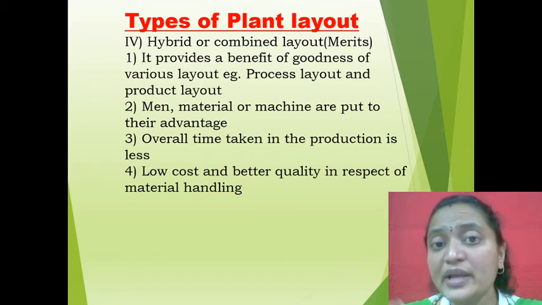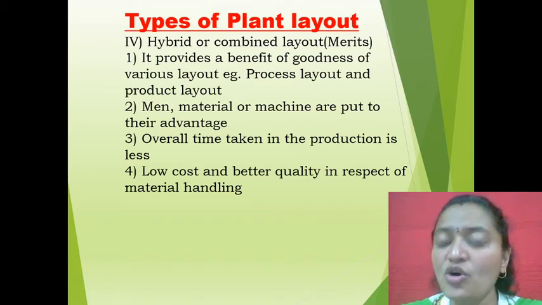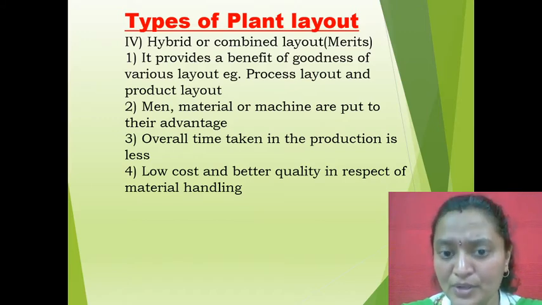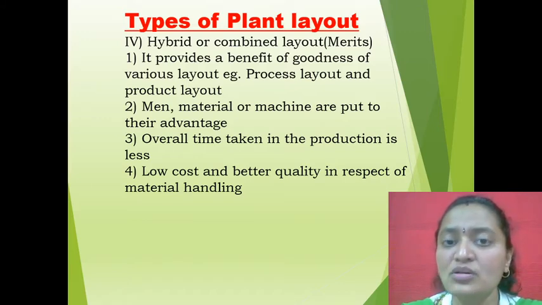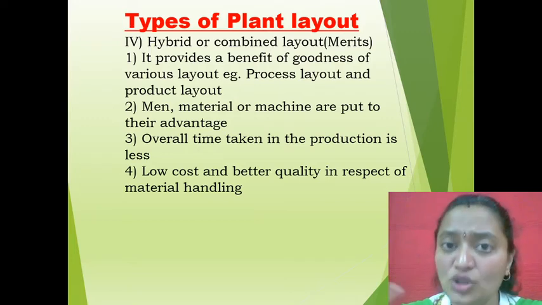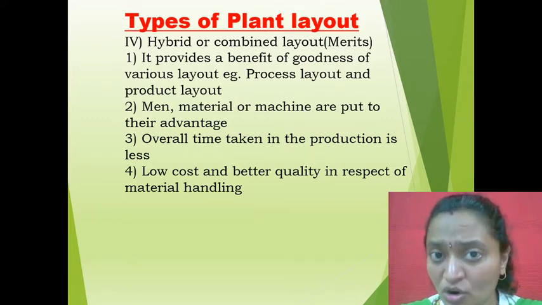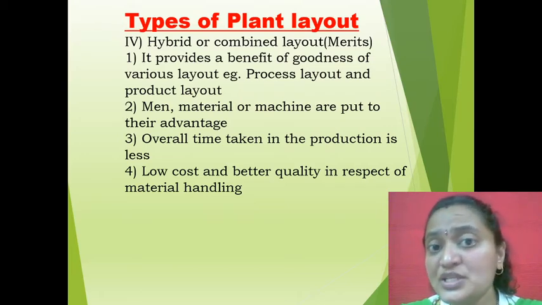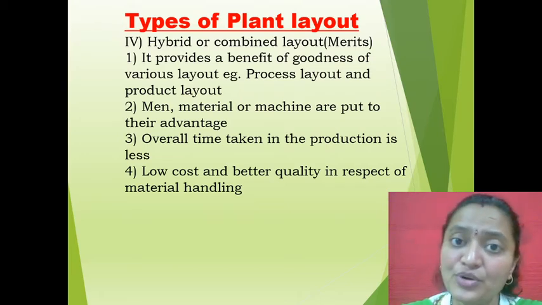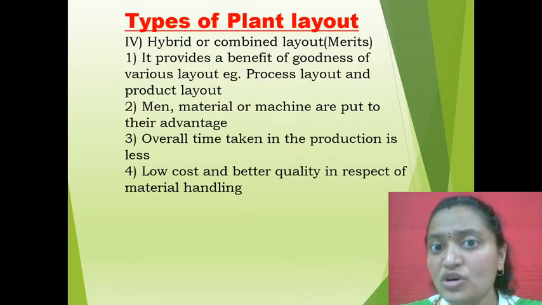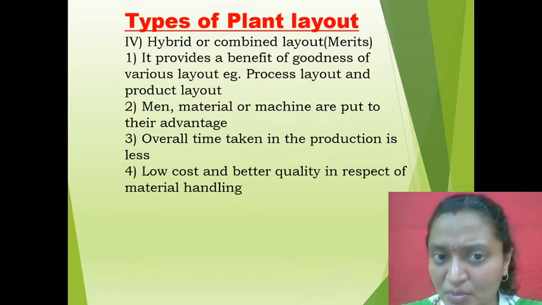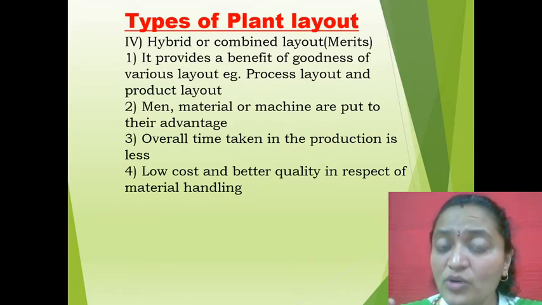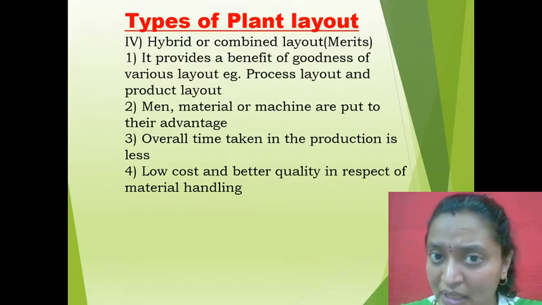They should not charge too high or very low prices. Means reasonable prices are to be charged. So quantity is important, then quality, then the cost or price of that product. Based on the different variety of products, the prices or cost will be charged for each product. So this is all about hybrid or combined layout.